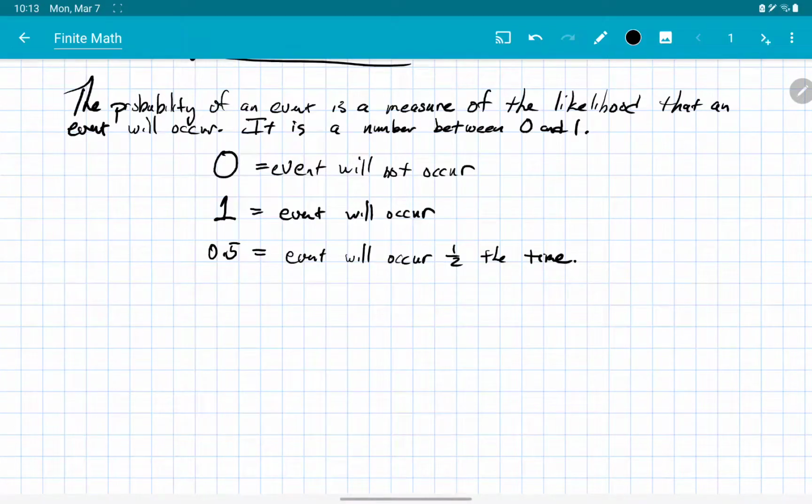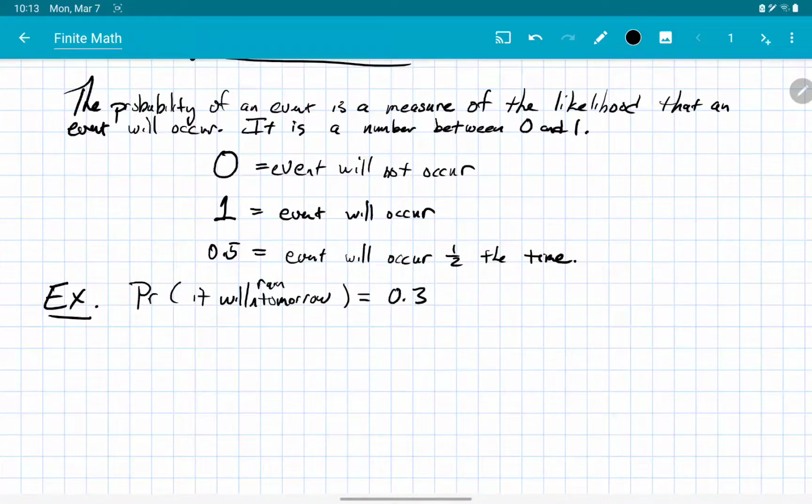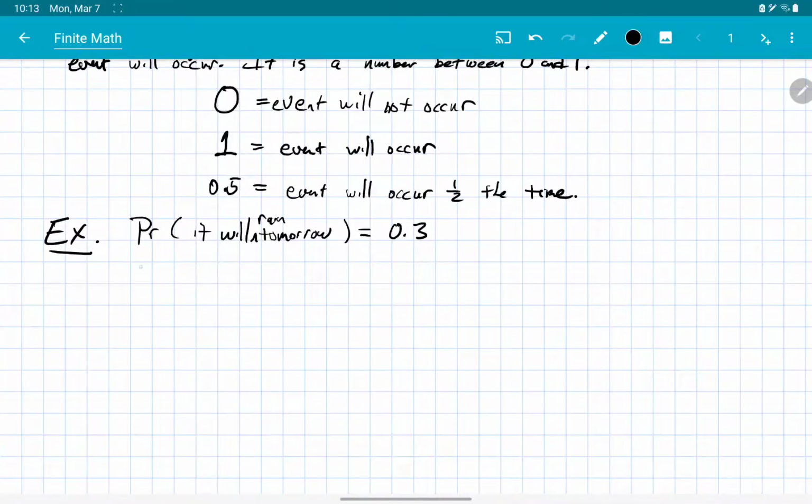Okay, so, example. The probability it will rain tomorrow could be 0.3. Three times out of 10 it will rain tomorrow.